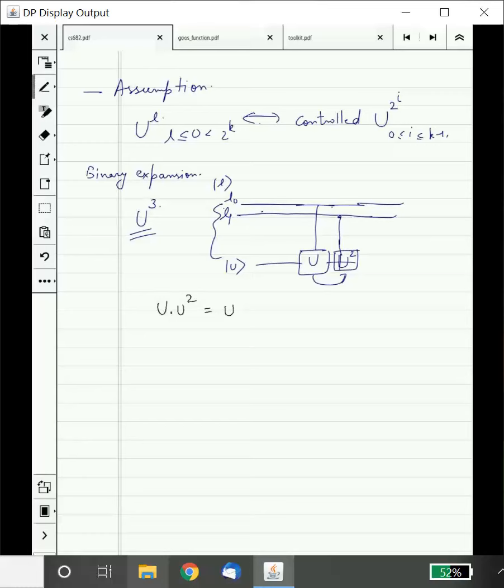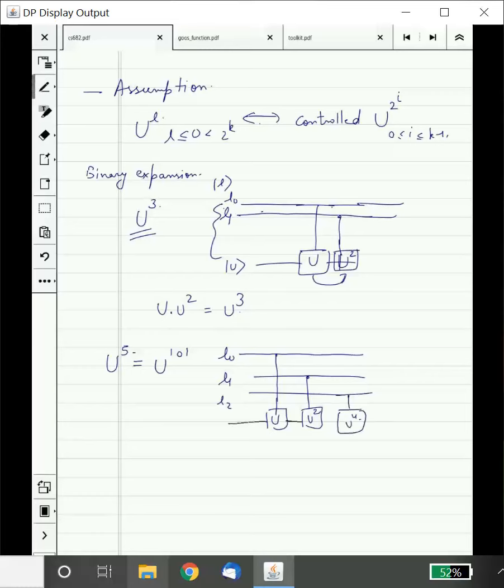Let's take a slightly different example. Let's say U to the power 5. This is in some sense in the binary expansion 101. Again, I will have L0, L1 and L2. I will use them to apply U, U square and U to the power 4.